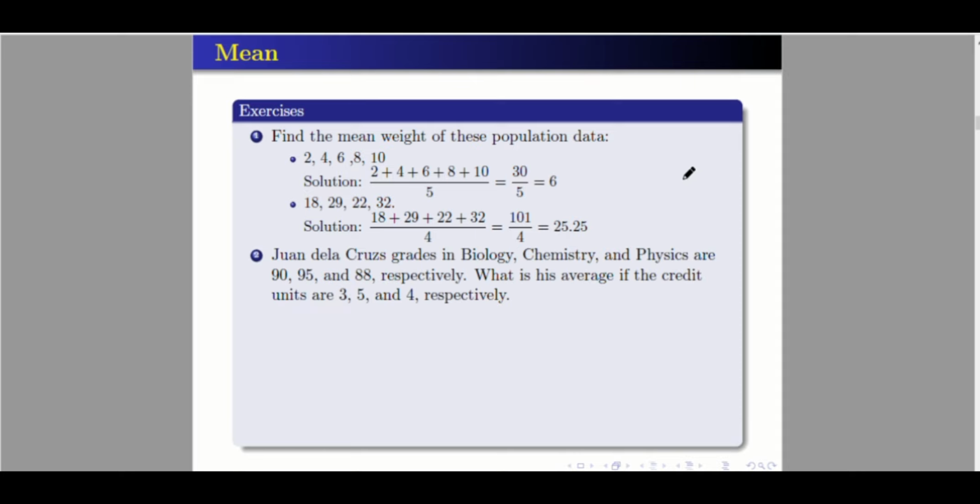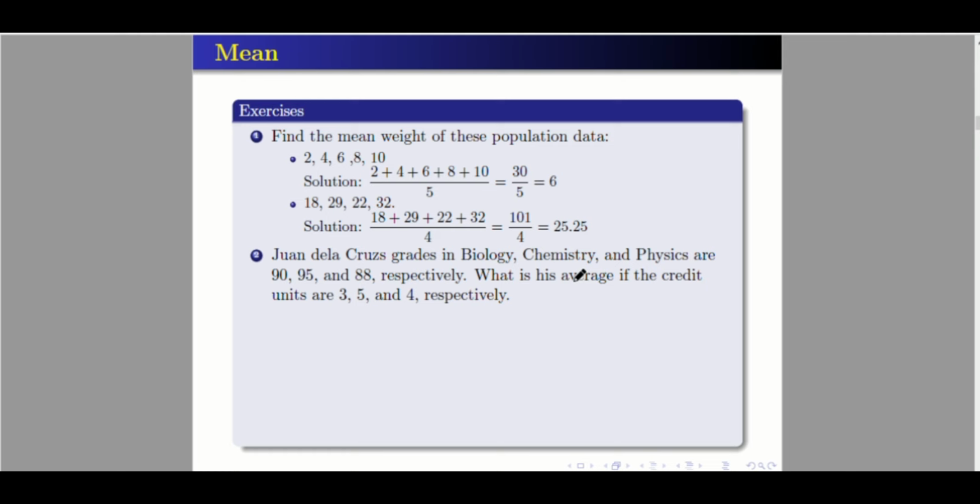Okay, number 2. Juan de la Cruz's grades in biology, chemistry, and physics are 90, 95, and 88 respectively. What is his average in these 3 subjects if the credit units are 3, 5, and 4? Basically, the credit units are the weights of these biology, chemistry, and physics subjects.